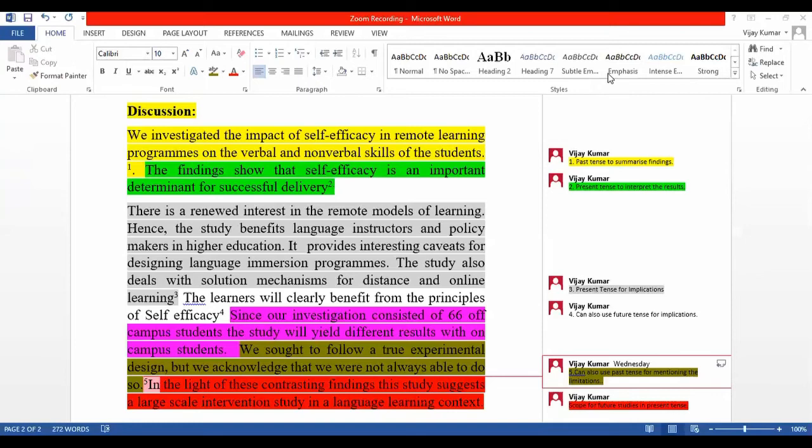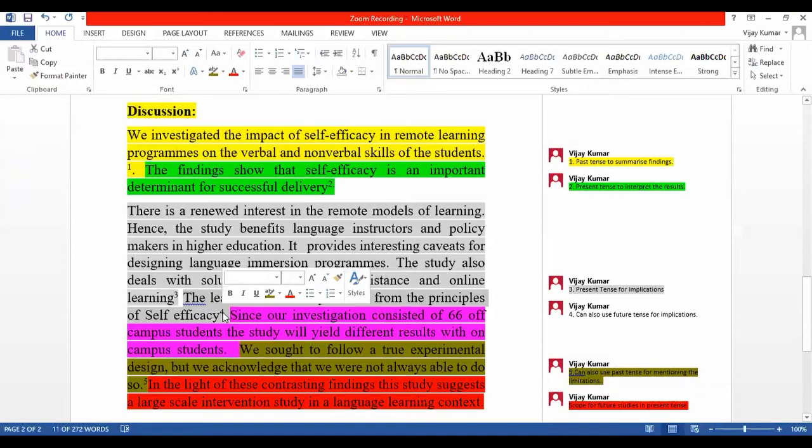You can also use future tense when you talk about implications. Look at this sentence. The learners will clearly benefit from the principles of self-efficacy. So you either use the present tense, or you may also use the future tense whenever you talk about the implications.